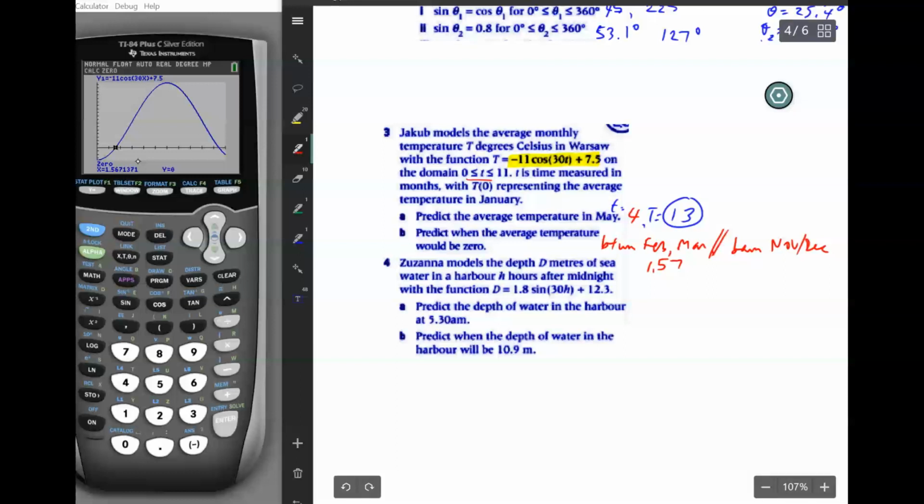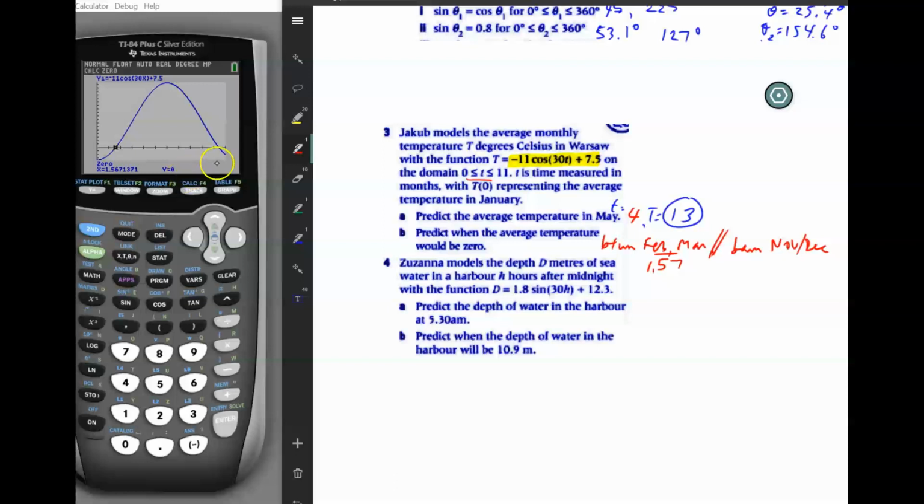So they say 0 is January, but they don't say if 0 is the middle of January or if 0 is the beginning of January. If 0 is the beginning of January, then 1.57 is actually the middle of February, right? And if 0 is the middle of January, then it's different. They didn't say. So I think between February and March is an okay answer. It's impossible to say. They didn't give us enough information.